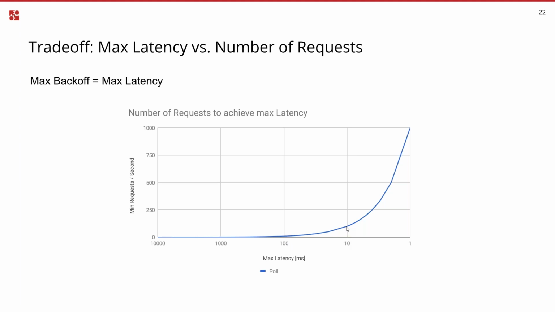And if 1 millisecond is what I want to go for, then I need to pull 1,000 times per second. That's what this chart is supposed to show. What that would mean is, let's assume I have a microservice architecture with 100 nodes, and I want a 10 millisecond delay. Then each node needs to pull 100 times per second. So I have 100 times 100 pulls, and that is of course too much.